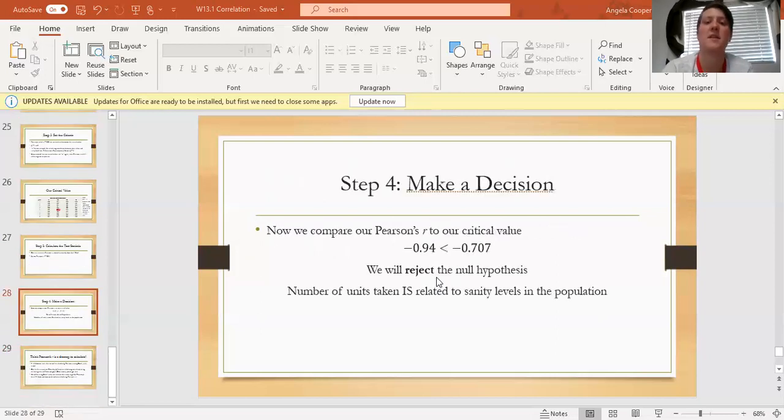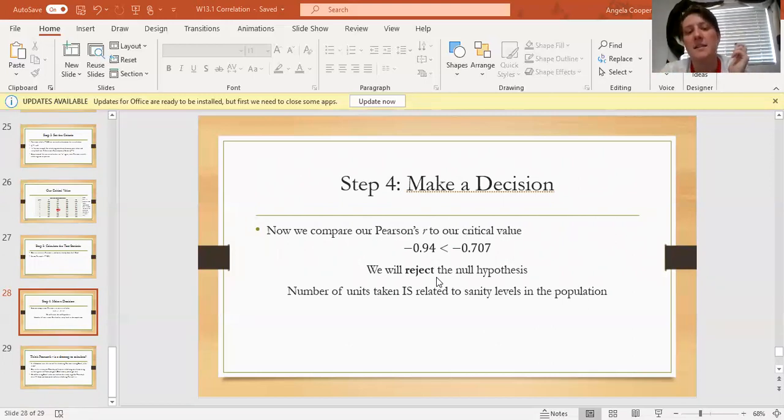Now step 4 comes up, where we make a decision. We're comparing our Pearson's R value to our critical value. Since our Pearson's R value is negative, we're going to compare it to our negative critical value. If it is less than the negative critical value, we reject the null hypothesis. Negative 0.94 is indeed less than negative 0.707, so we're rejecting the null hypothesis.